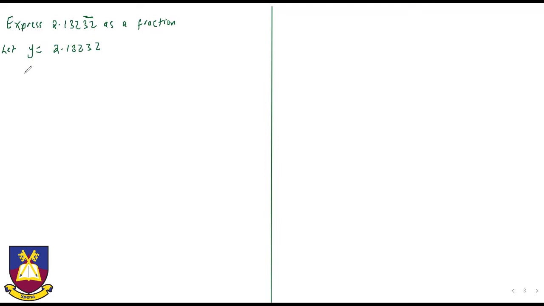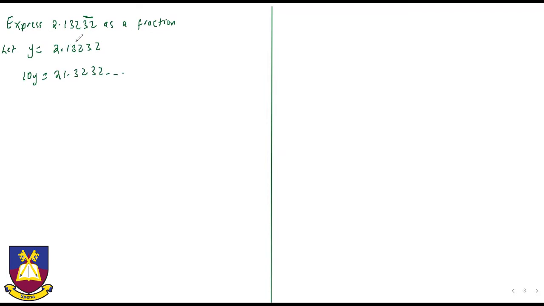I need to multiply by 10. So it'll be 21.3232 and so on. Then from here, let me take this decimal point to come immediately after the first set of recurring numbers, which are 3 and 2 here.